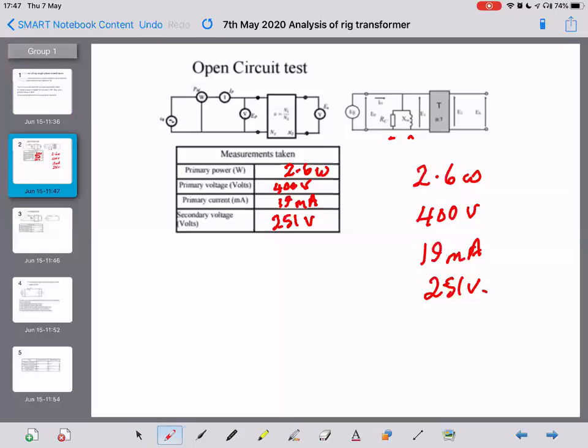What data can we find from the information that we've got from the open circuit test? First of all, can we find A? The transformer ratio?